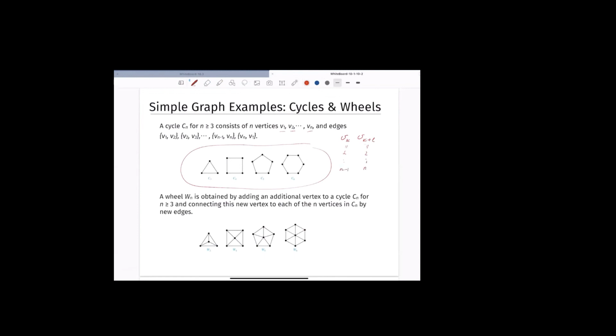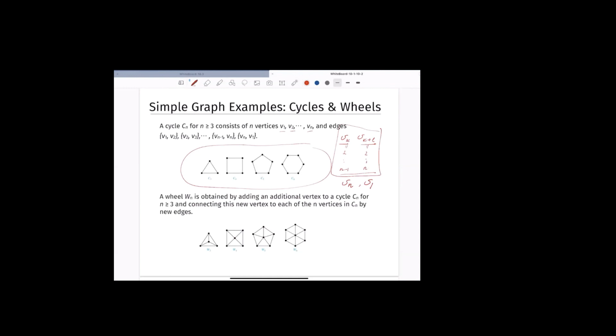And when k gets to n, it cycles around: you have another edge, vn to v1. Okay, that's a way of writing down this kind of graph that we'll call cycle graphs.